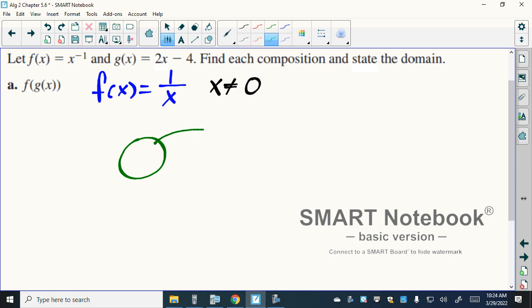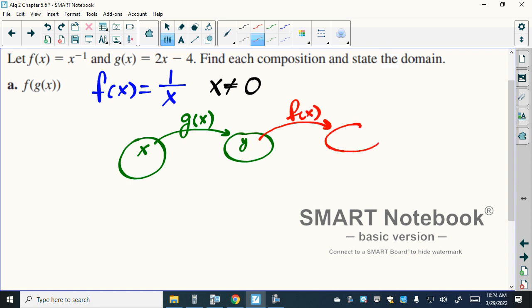Because we have our x values going to our y values for g of x. Because if we're working from the inside out, we start with g of x, plugging x into g of x to get the range. And from here, we then apply f of x to get its final range.